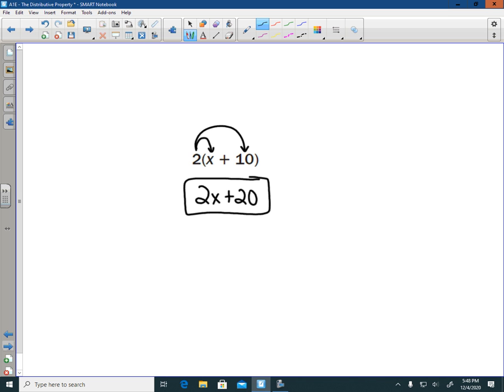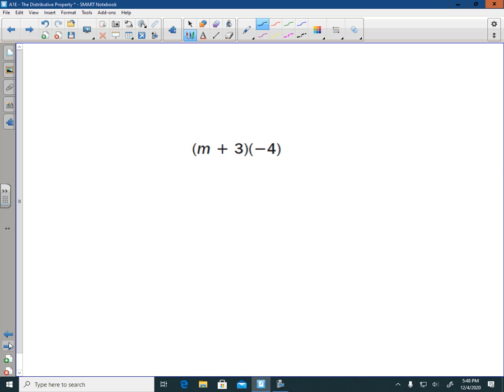All right, let's see another one. Now, it turns out it doesn't matter what order you do this in if the number that you're distributing in is on one side or the other. This way, we're still going to distribute, but we're going to distribute kind of going backwards. M plus 3 cannot be simplified, and the parentheses around the negative 4 are just reminding us that we're going to be multiplying that entire quantity, negative 4. We don't want to forget about the negative. But we can do the same thing.